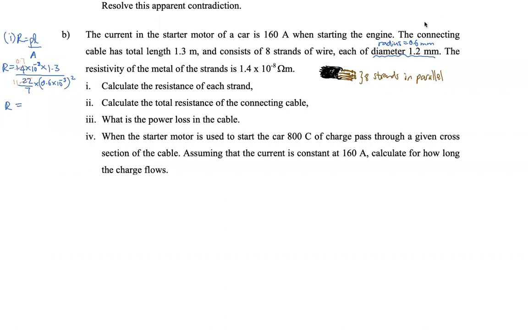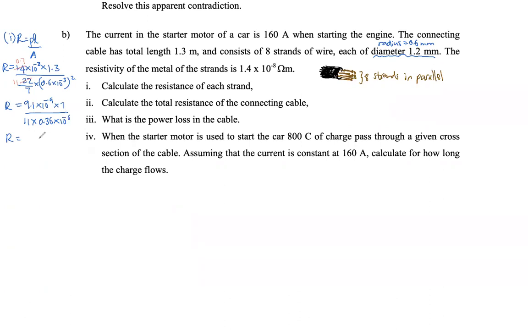So on top I get 7 into 1.3 into 10 to the power minus 9, which is 9.1 into 10 to the power minus 9. At the bottom I have 11 into 0.6 squared, which is 0.36 into 10 to the power minus 6.